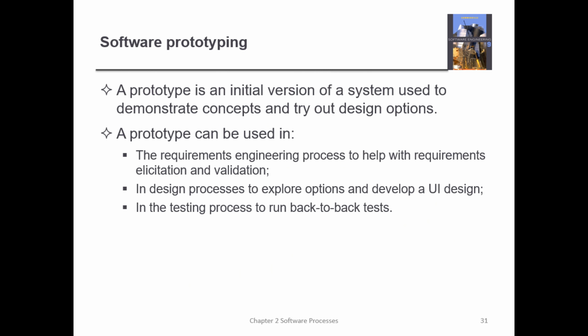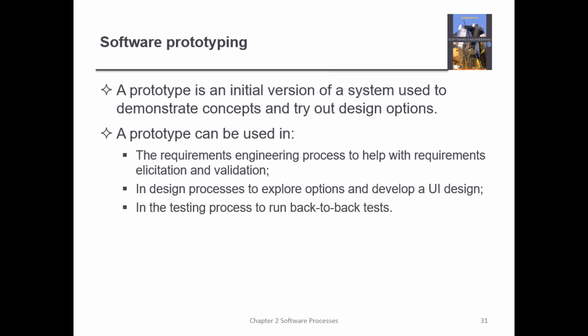Now let's talk about software prototyping. A prototype is an initial version of a system. As I said, it's just like a sample, and we use it to demonstrate concepts, to show the user, to try out some options. So that's a prototype. A prototype can be used in requirements engineering to help with requirements elicitation and validation.